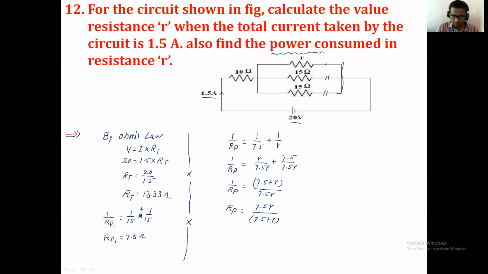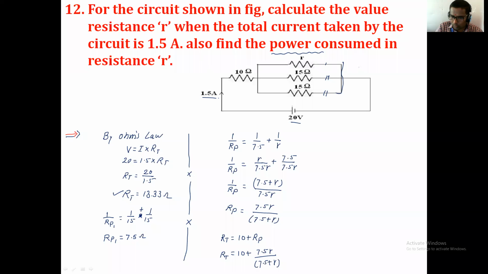So here I can write the total resistance, R total, which is equal to 10 plus Rp, so I can write 10 plus 7.5 R divided by, in bracket, 7.5 plus R. This is the total resistance of the circuit. And this total resistance must be equal to this one value, because we have already calculated the total resistance. Is it right?